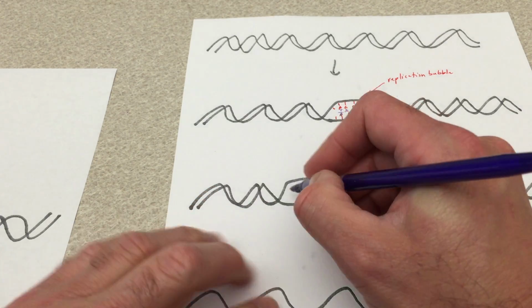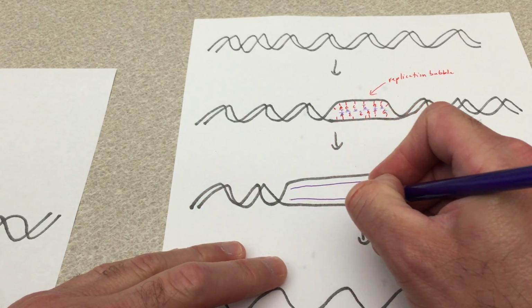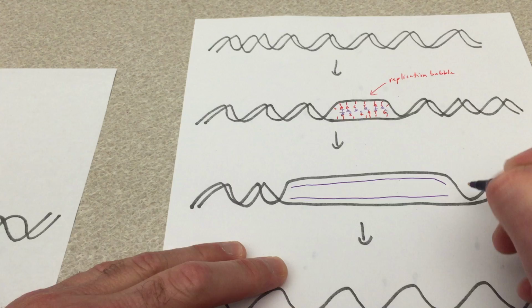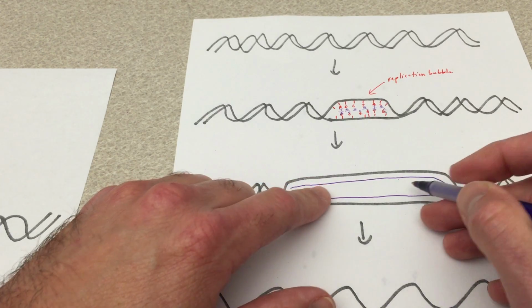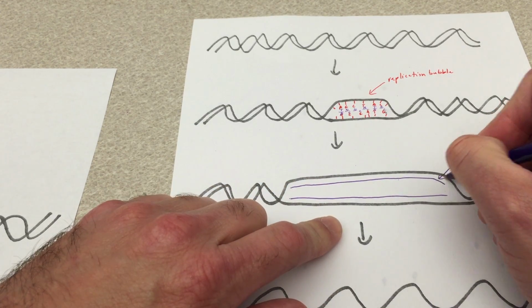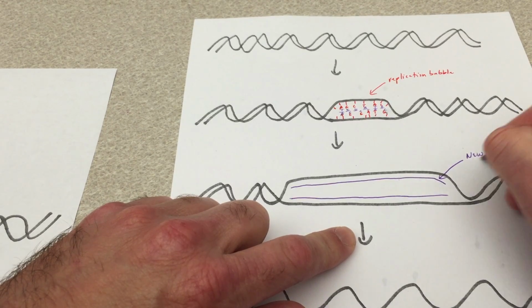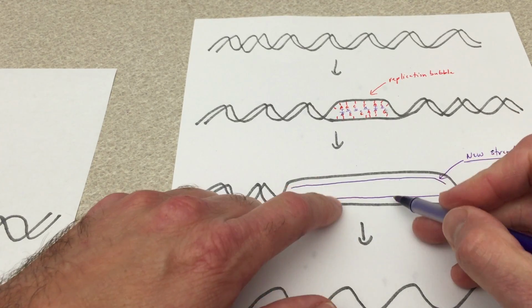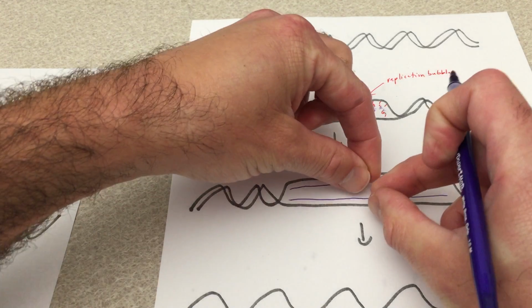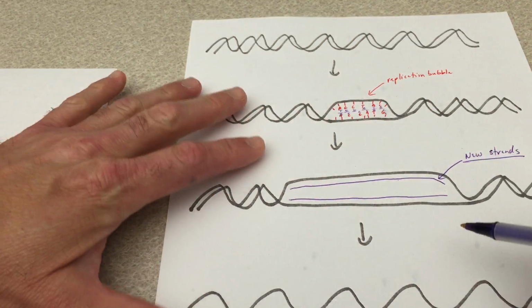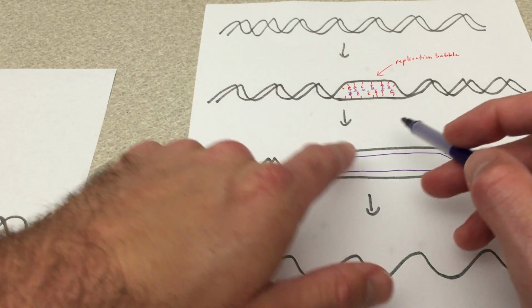All right? And then down on the bottom side. So these two lines in purple inside of the replication bubble, these are the new strands of DNA that are going to match the strands of this opened apart replication bubble. So notice what's happening.